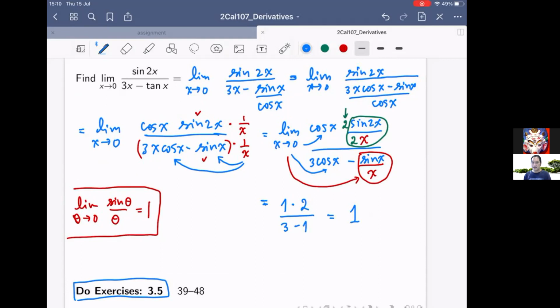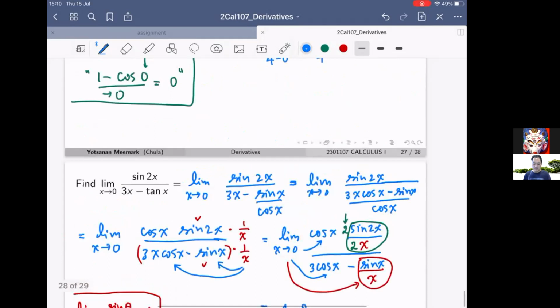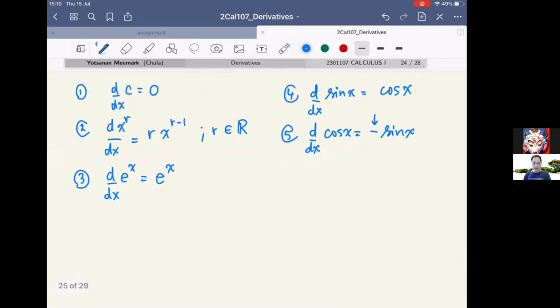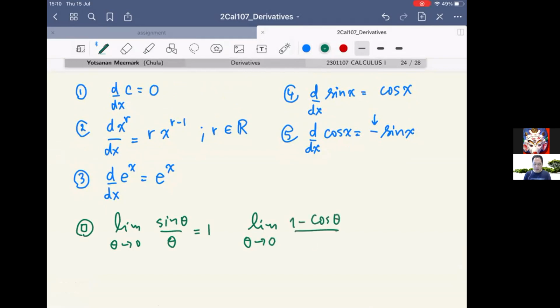Let us stop this video clip right here, and hopefully you still remember what we have done here for a derivative, and also for the limit: the limit as theta goes to 0 of sine theta over theta is 1, and the limit as theta goes to 0 of 1 minus cosine theta over theta equals 0. These two are also what we have done for the whole video clip.